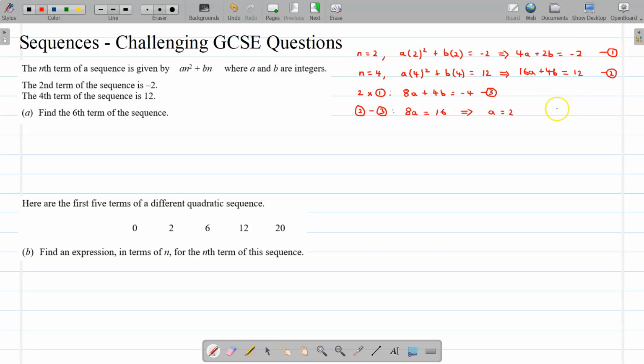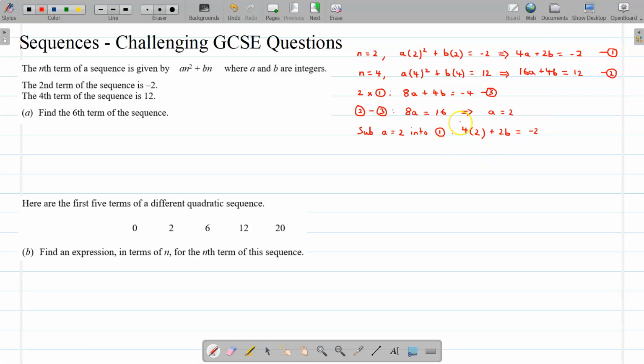Now I can take that value of a and substitute it into any of these equations to find b. I'm going to substitute it into equation 1 because that's the simplest looking equation. So a equals 2 into equation 1 gives me 4 times 2 plus 2b equals -2.